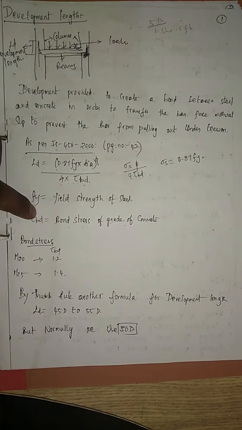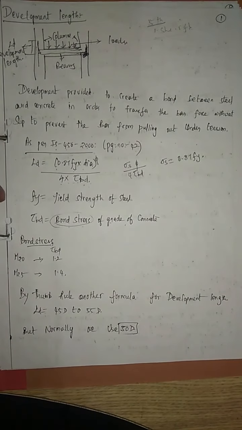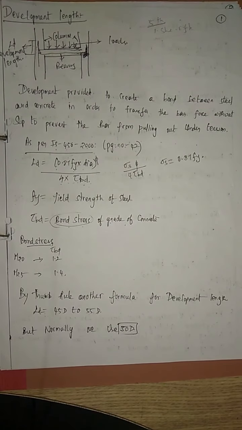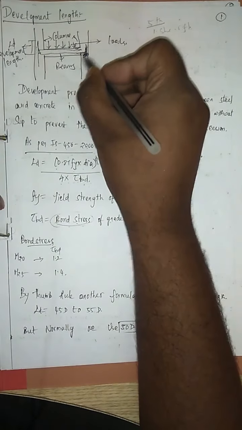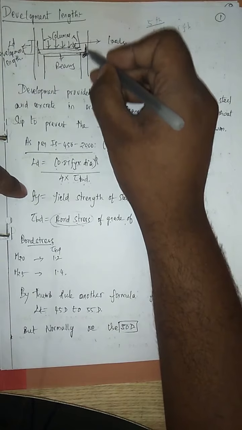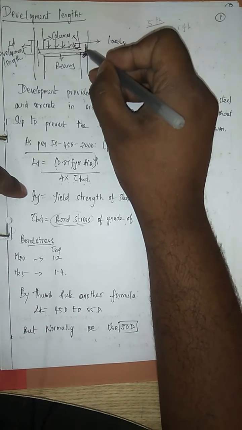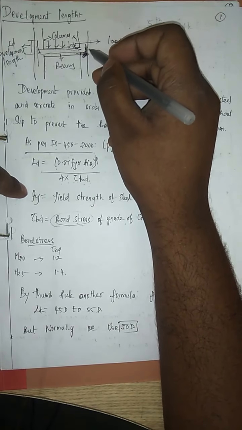Okay, so what is bond stress? Bond stress is nothing but the stress between the concrete surface and the reinforcement steel, and by this stress there will be a bond between concrete and steel. The stress between this steel rod and the concrete provides the bond.